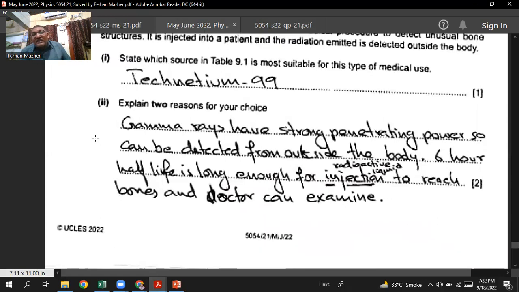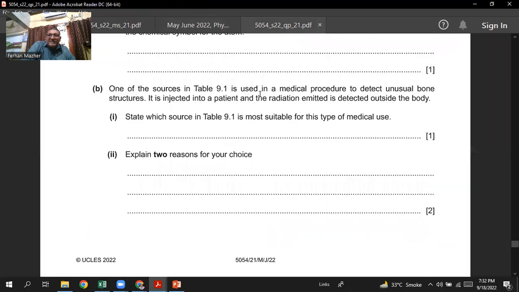A 6-hour half-life is long enough for the radioactive liquid in the injection to reach the bones, and for the doctor to examine. That time is long enough, but not so long that the patient will remain irradiated for a very long time. So you see, it's a 2-mark question. I hope you understand.